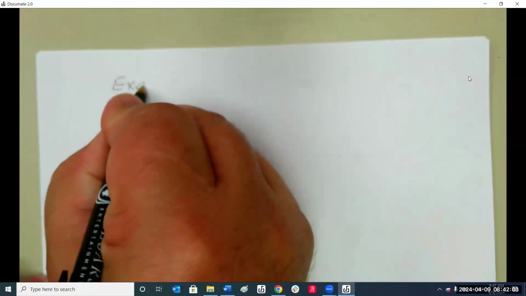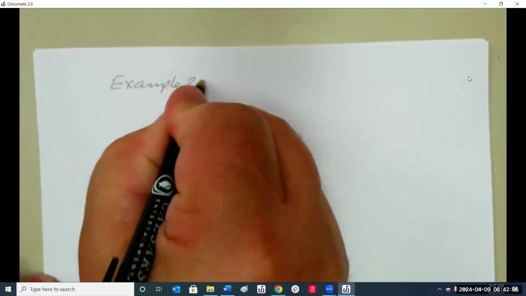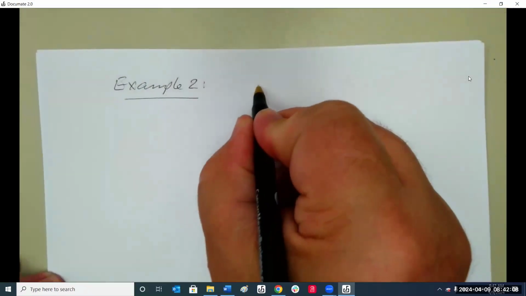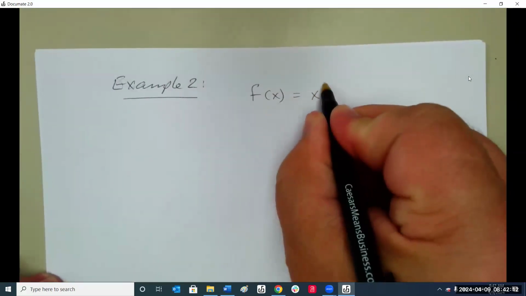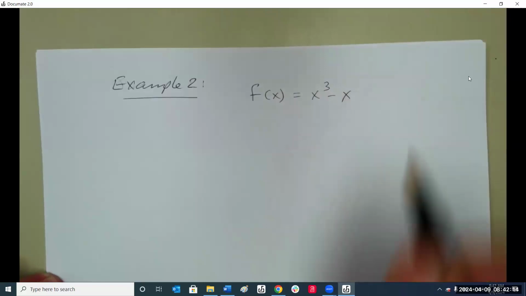Actually, the next example was one I just showed you. Example 2. f of x equals x cubed minus x.